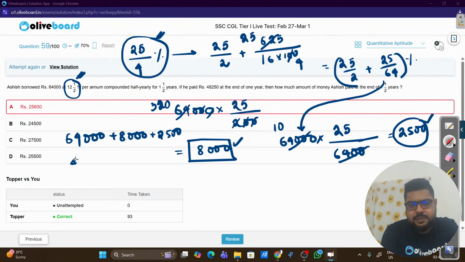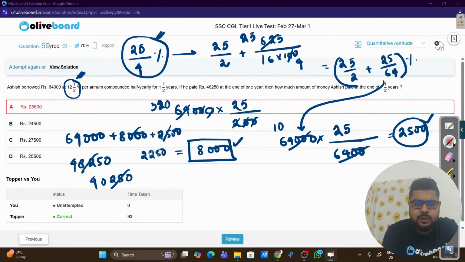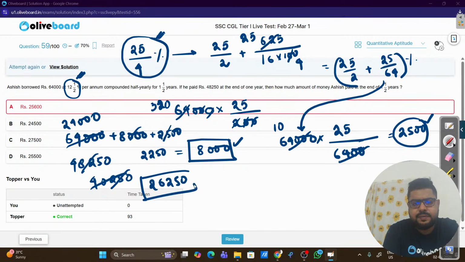Out of that, he has paid back 48,250. Sir, 8,000, 8,000, 40,000, 250, and this is 2,250. 40,000 and this is 24,000. So I'm getting 26,250 again, sir.